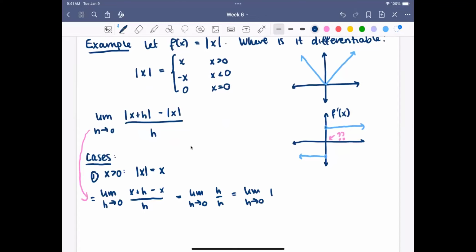By the switcheroo, we can just cancel the h's, and then we get that this is 1, which is what we thought from the picture. Okay, are we happy with this first calculation?